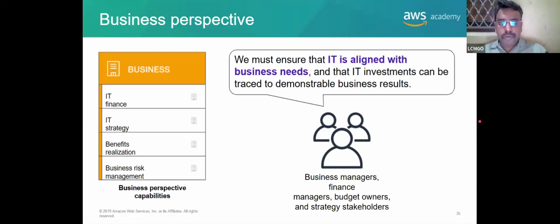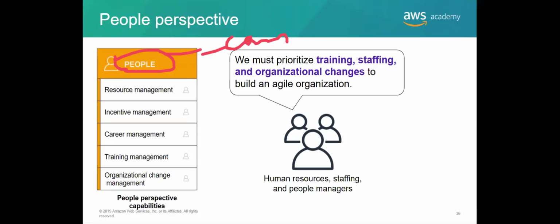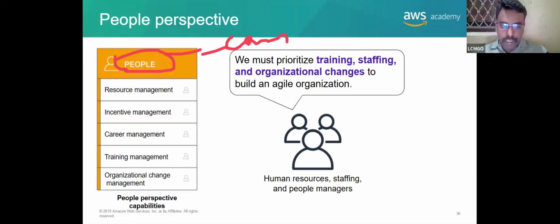Next, people. Who is taking care of the people in a company? Who is the most responsible person in a company to take care of the people inside it? Human resource, correct, right? You guys know about attrition, right?